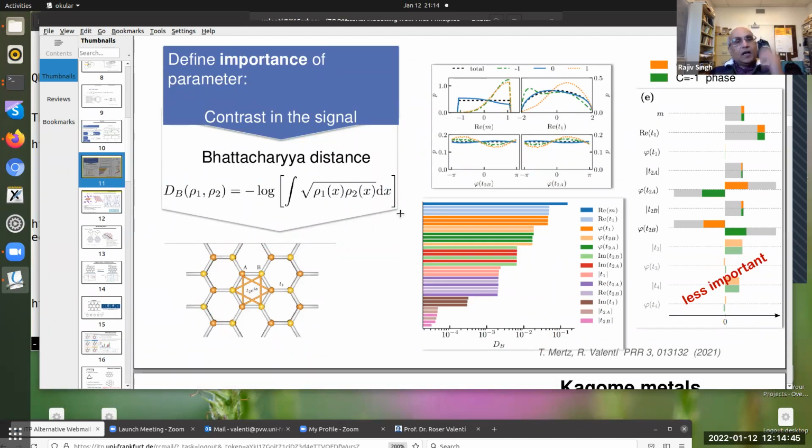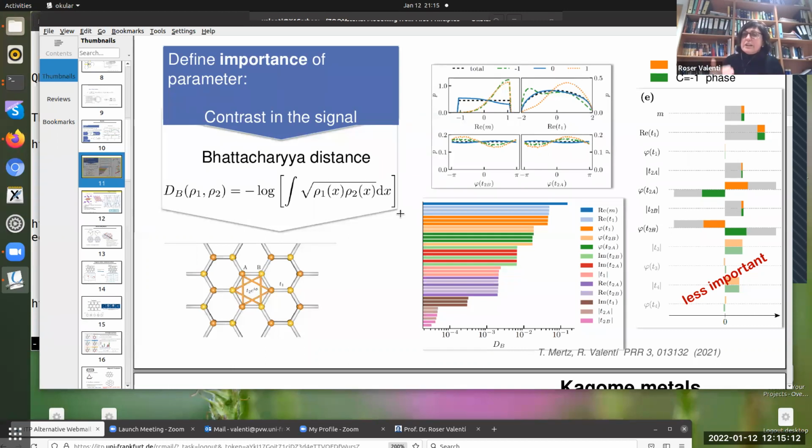There are other distances between distributions that are more popular, like Kullback-Leibler and others. Is there a reason to pick this one? Yes, we tried a few different distances, in fact, and we found that this one was the one that was making the distinction, because we need to make a distinction between the parameters.